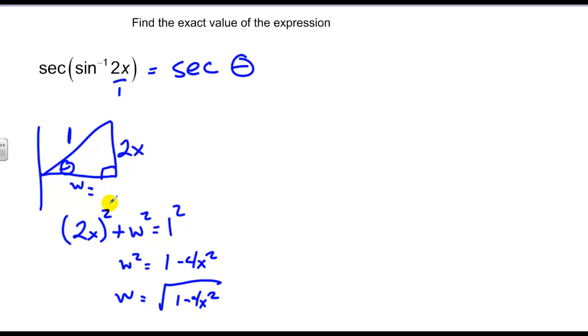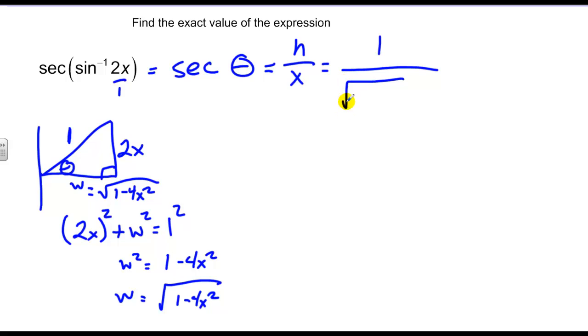So this horizontal quantity is the square root of 1 minus 4x squared. If I want to find the secant, that's equal to the hypotenuse over the x value. The hypotenuse is, in this case, 1 over the square root of 1 minus 4x squared. If I wanted to rationalize that, it's the square root of 1 minus 4x squared over 1 minus 4x squared.